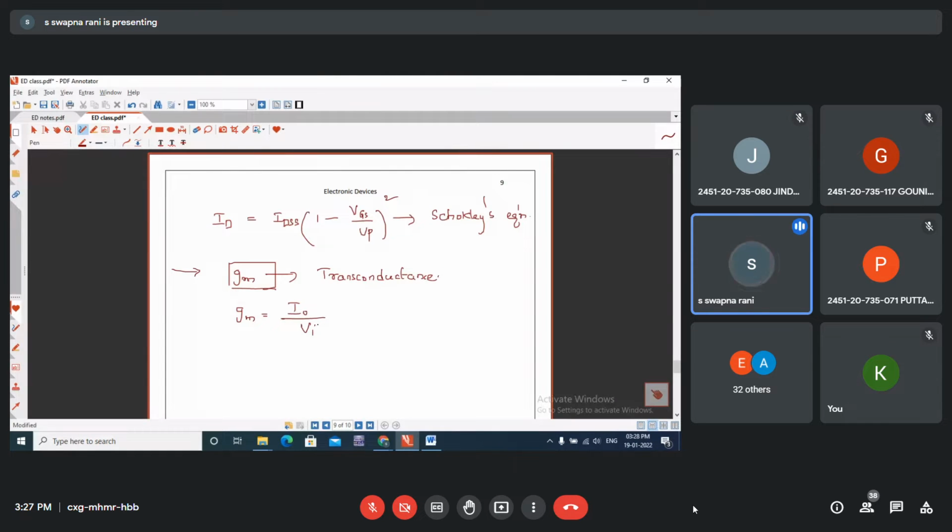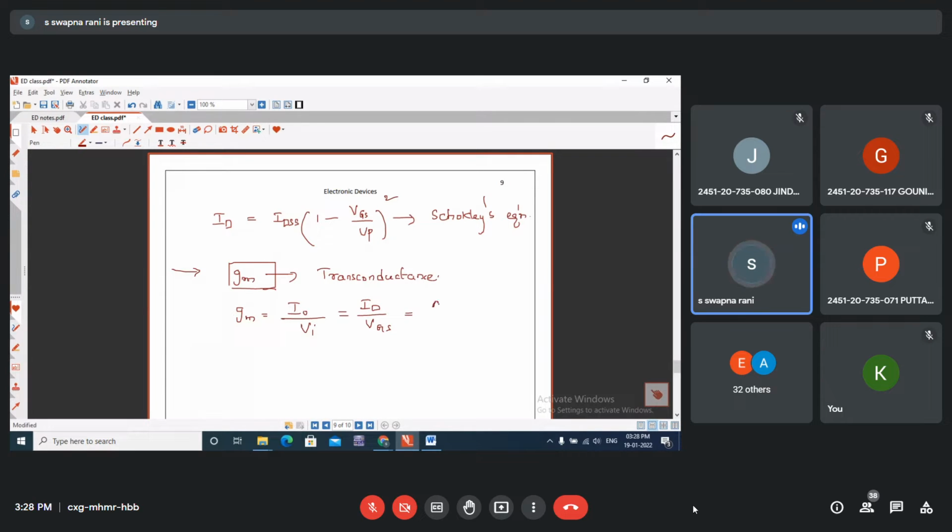So the transconductance is output current by input voltage. The output current is drain current, and the input voltage is VGS. Whenever we talk about any transistor parameter, by default it is dynamic.